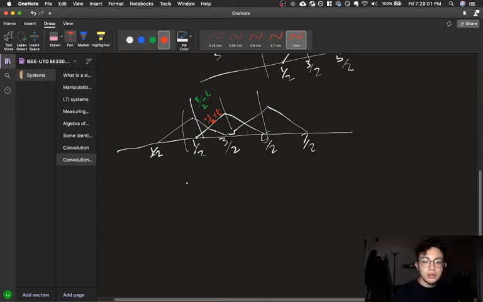And then this one is going to be like 5 halves minus t. And this one's going to be 1/2 plus t. So this is going to be like -3 halves plus t. And like this is going to be 7 halves minus t.